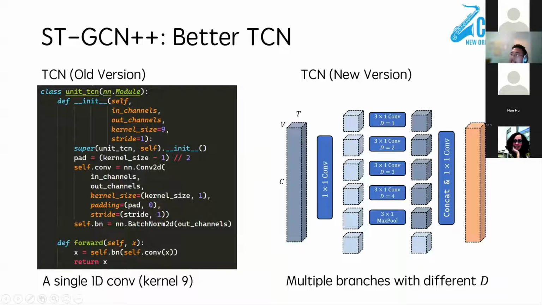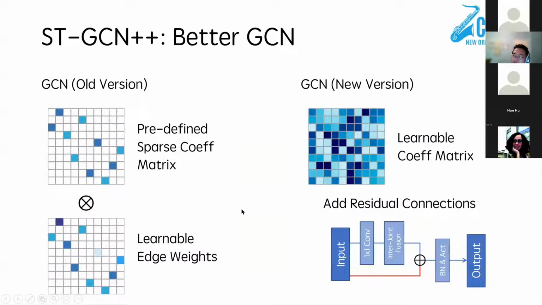For the GCN layer design, the old design adopts a sparse coefficient matrix derived from manual skeleton topology for joint level feature fusion and revises the matrix with learnable edge weights. In ST-GCN++, we only use the predefined topology for initialization and keep the coefficient matrix as learnable parameters.